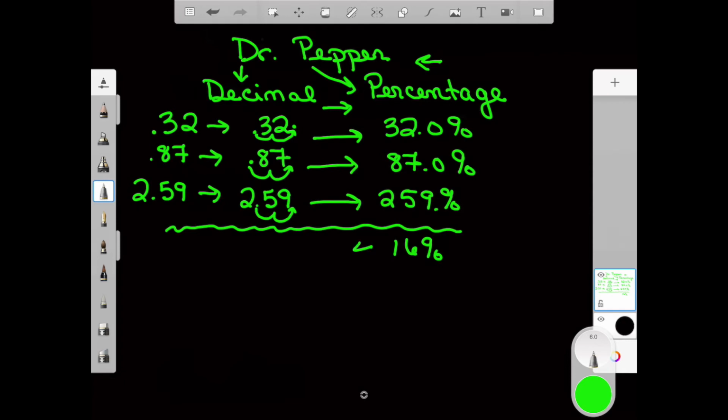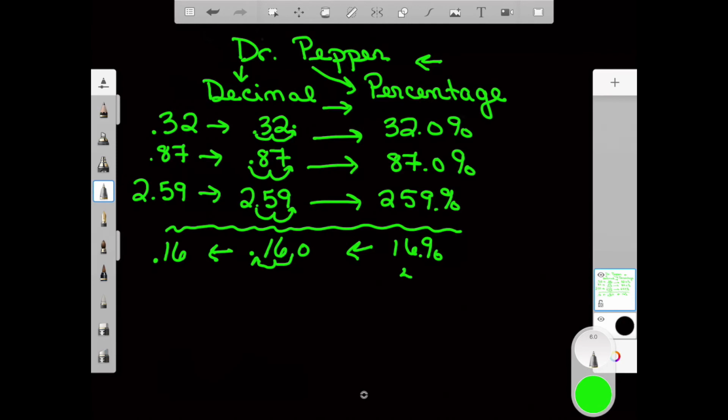So we're going to take that 16%. That's obviously got a 0.0 there. So we'll say 16.0, move it 2 to the left, and that's going to give us 0.16.